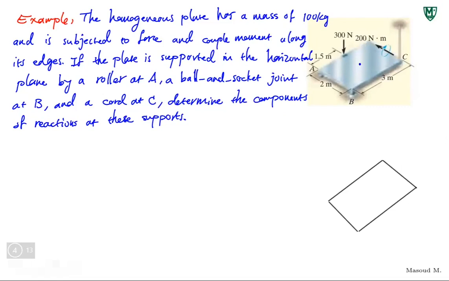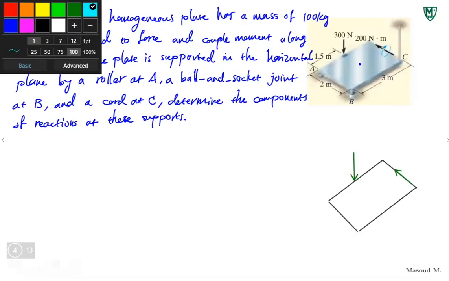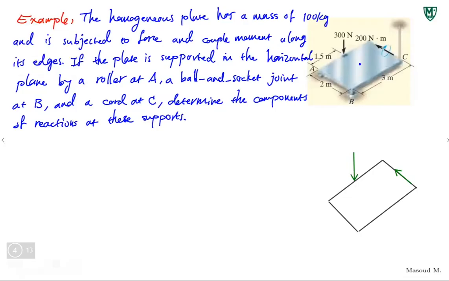Now we have 300 newtons there, so I'm just going to leave it here. We have the moment. We're putting all the forces and moments in the free body diagram. Let me show the moment. I'll use names for these. Let's call this F1, 300 newtons. And I'm going to call this M prime, so we can use M later on if we need the letter, 200 Newton meters.